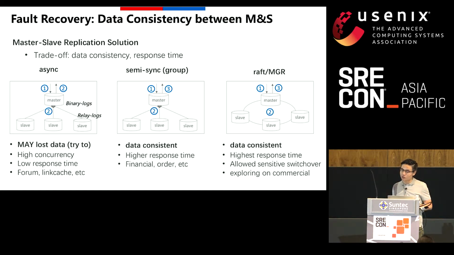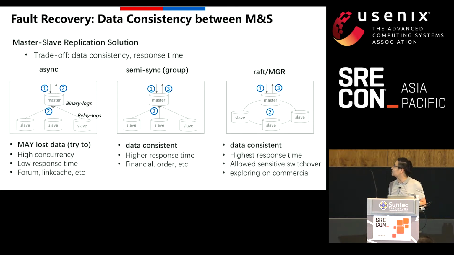When the master fails, we try to recover the data from the master's binary log, but it's unavailable if the master's machine is dead. So data may be lost, but this is suitable for high concurrency and low response time scenarios, like forum business and search link business.